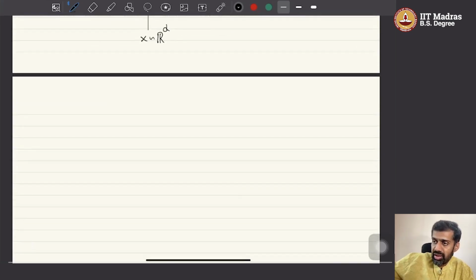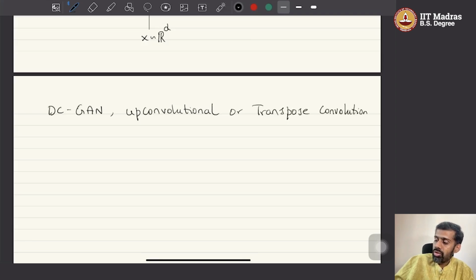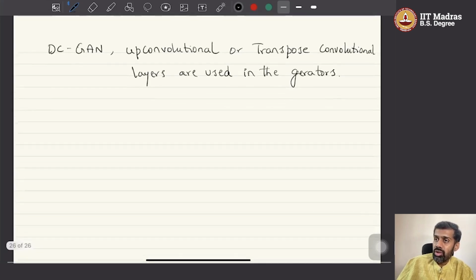In a deep convolutional GAN, DC GAN, what is done is that convolutional layers, typically up convolution or transpose convolutional layers, are used in the generator. So what is done?